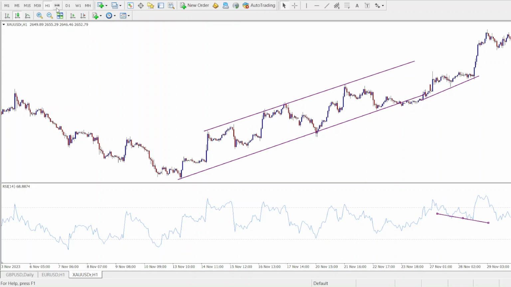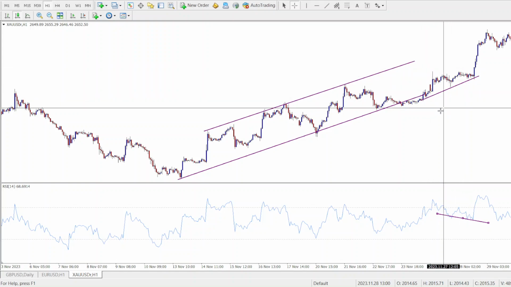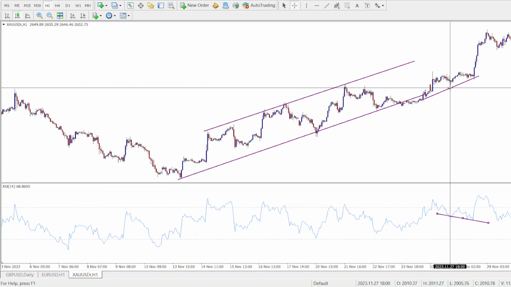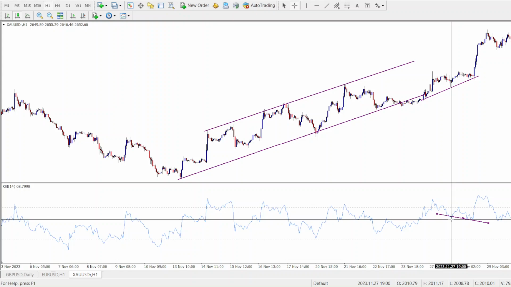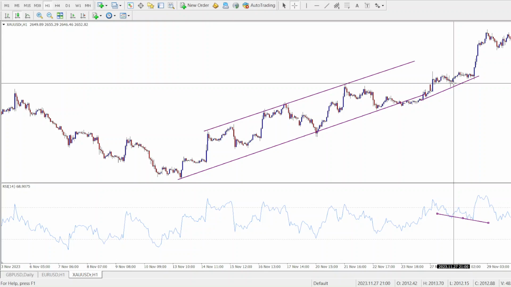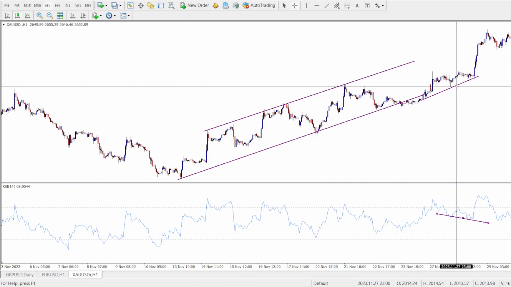So when you notice that this higher low has formed, I think this coincides with this. So once you notice this higher low and this lower low, you can enter a buy right after this.